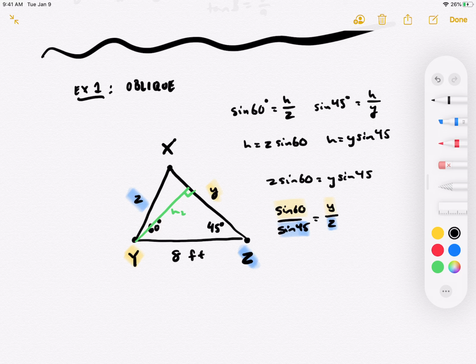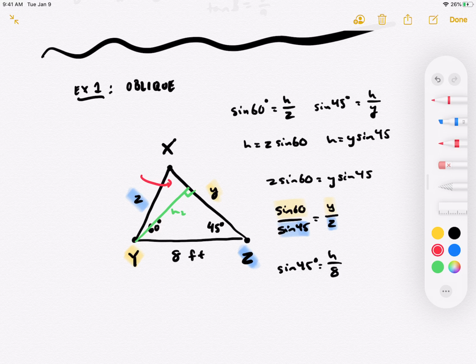If I look at the sine of 45 degrees, that's the sine of z, that is going to be equal to h over 8, because the hypotenuse of that triangle is going to be that 8 feet right there. And then if I look at the sine of angle x, we haven't talked about angle x here, but we actually know exactly how big angle x is.